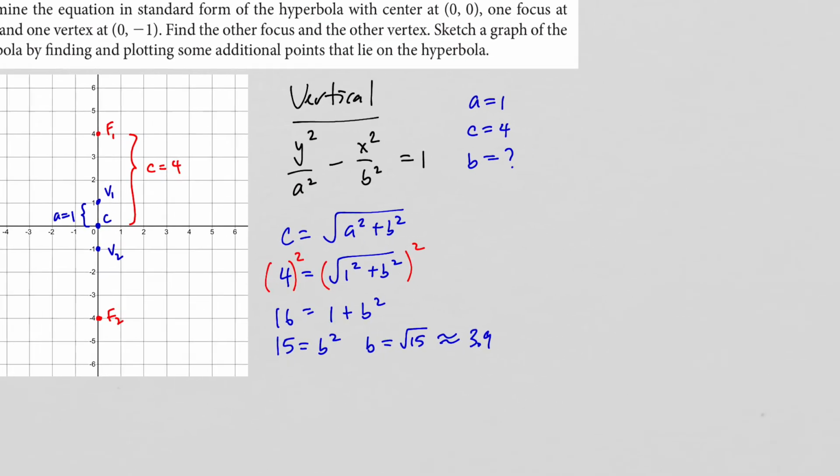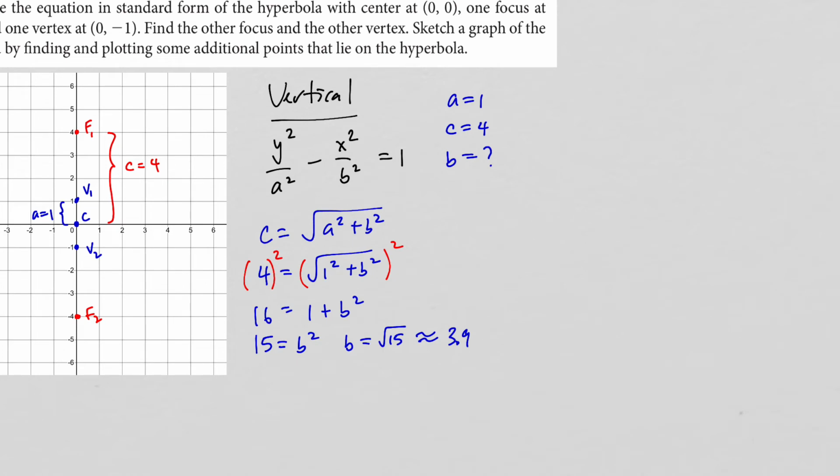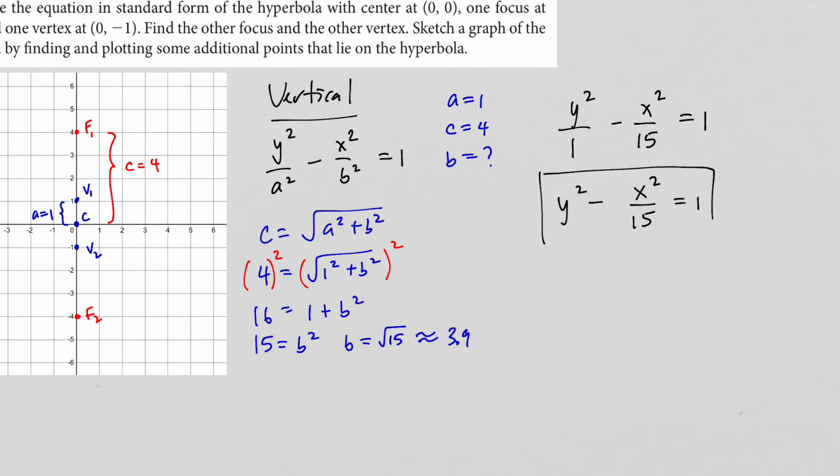So the equation of that hyperbola actually becomes y squared over 1 minus x squared over 15 is equal to 1. And you actually don't have to write the 1 under the y squared. So you could just give the equation in this form right here. So that's the equation of it in standard form.